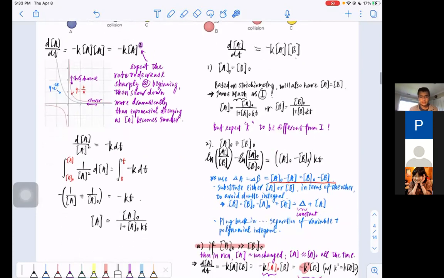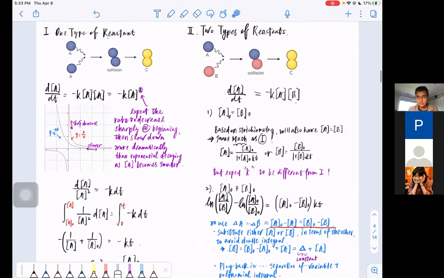Okay, but what if we have non-equal concentrations to start with? Then we'll have to do the integration of this expression. The pain here is that we have two terms that depend on time.